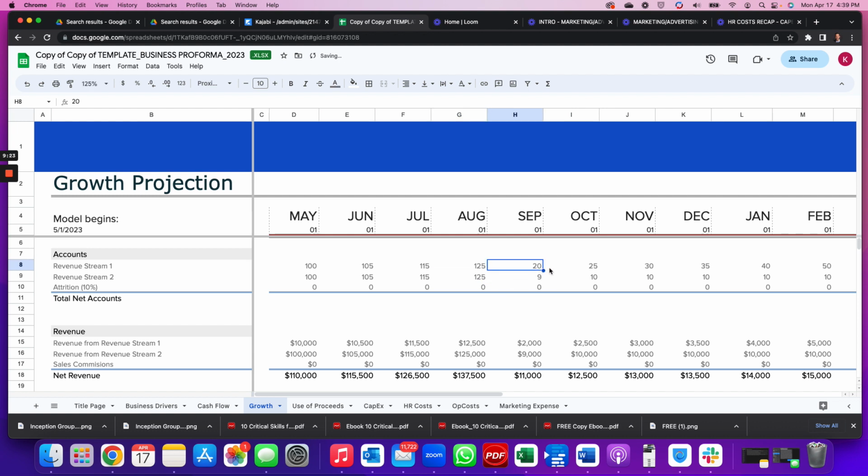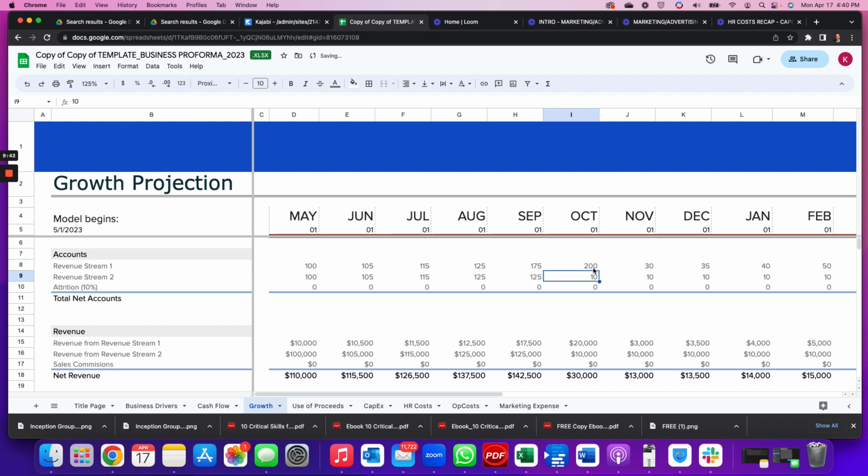And let's say that one of these starts to take off and another remains stagnant. So let's say that our bread and butter is this revenue stream 1. So let's say that this bumps up to 175 and this stays around 125. And then this goes up to 200 because we're really taking off. That's our bread and butter.